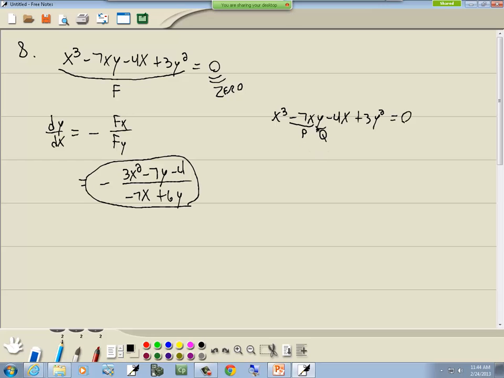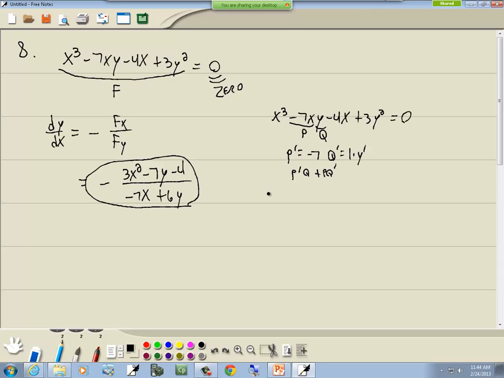So p is negative 7x, and q is the y. p prime, the derivative of negative 7x, is negative 7. q prime, the derivative of y, is 1. But since we're taking the derivative with respect to x, we have to add on our y prime, or our dy dx. So we're going to have p prime q plus p q prime for a product rule.